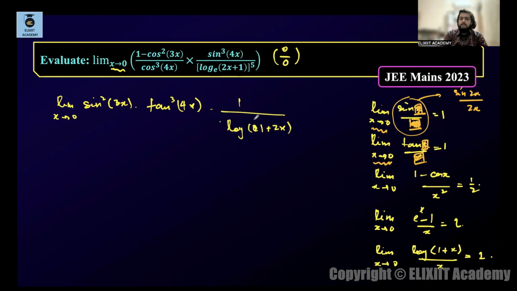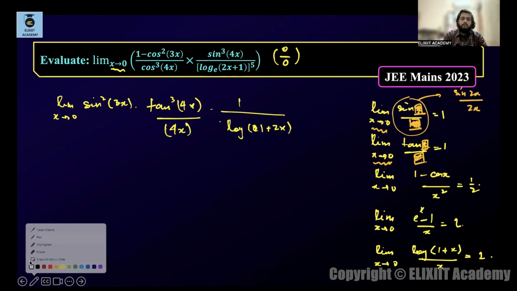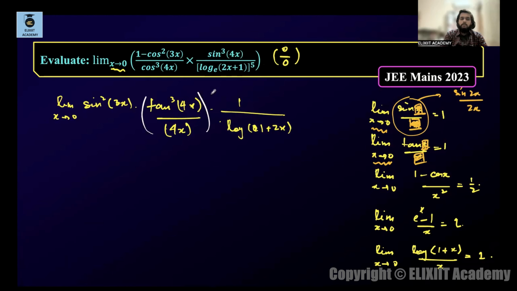Now, before we go further, let's figure out whether we can bring these into some standard forms. Definitely yes. We see tan cube 4x over here, so we can divide by 4x whole cube. This entire part will become tan 4x upon 4x, whole cube.